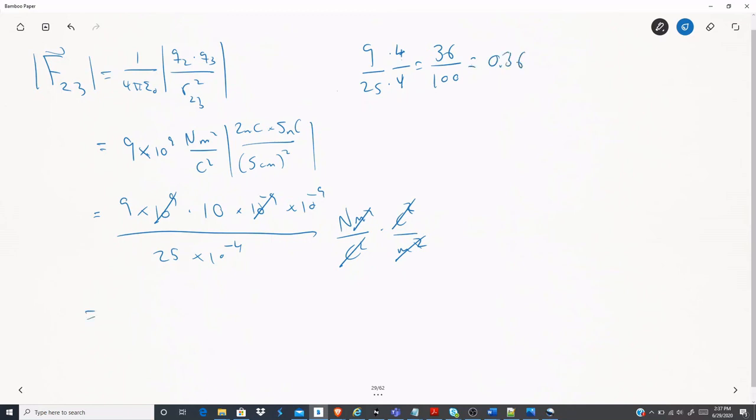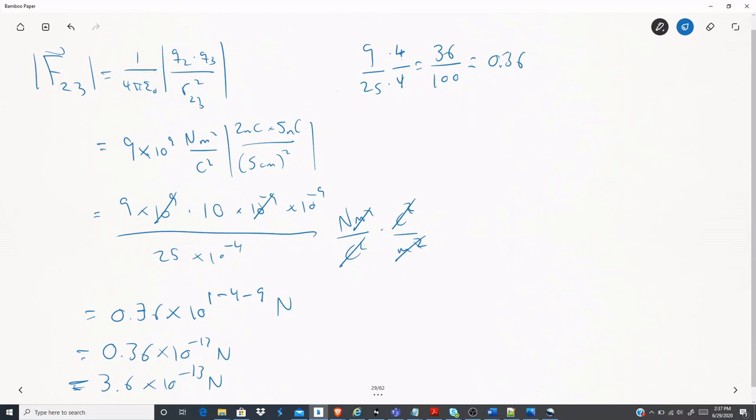So I'm going to get 0.36 times 10 to the 1 minus 4 minus 9. 1 minus 4 is negative 3. Negative 3 minus 9 is negative 12. So this is 0.36 times 10 to the negative 12 newtons, or 3.6 times 10 to the negative 13 newtons.